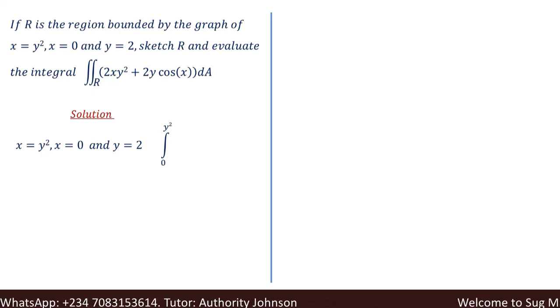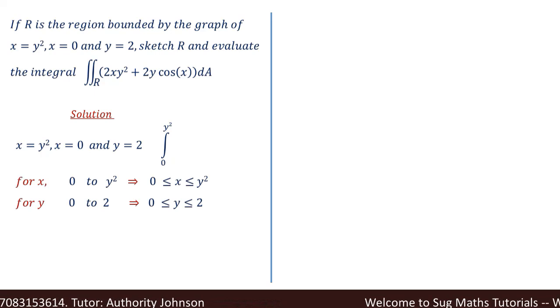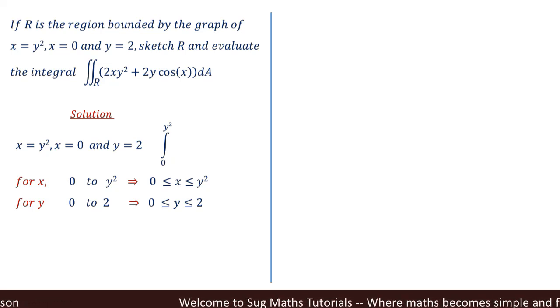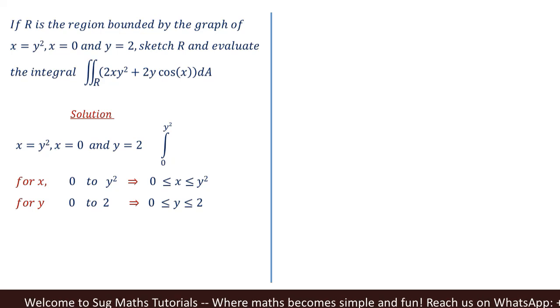Now the second information is this. We have that y is equal to 2 and x is equal to y squared. From here, we will be able to get the starting point of y and the ending point of y. So we have y equals 2. Now look at the relation x equals y squared, and we also know that x equals 0.